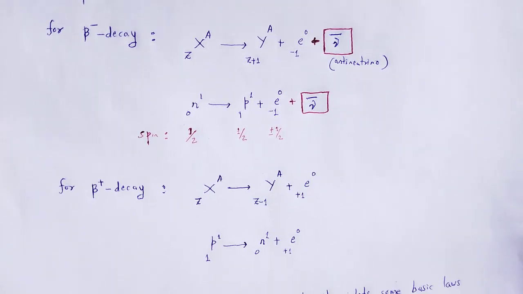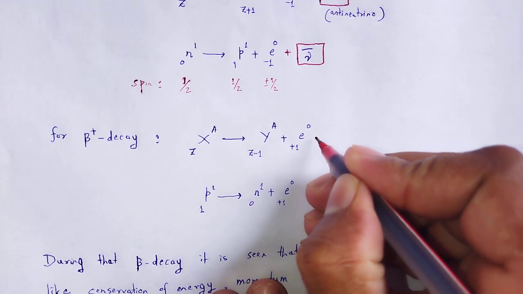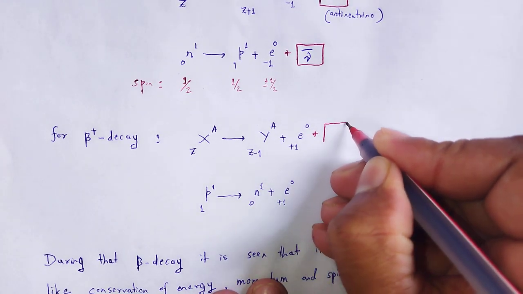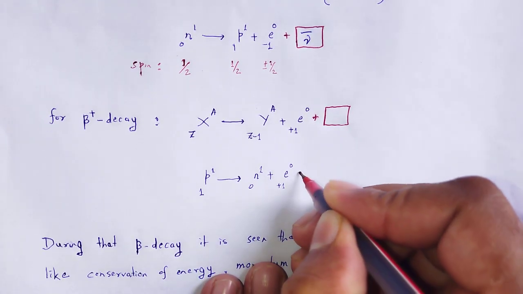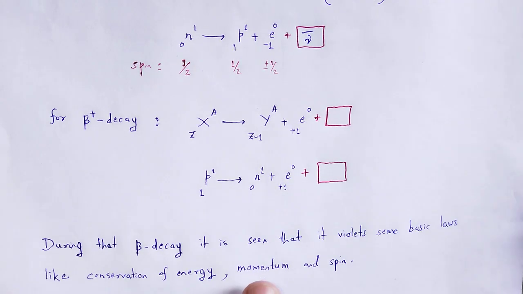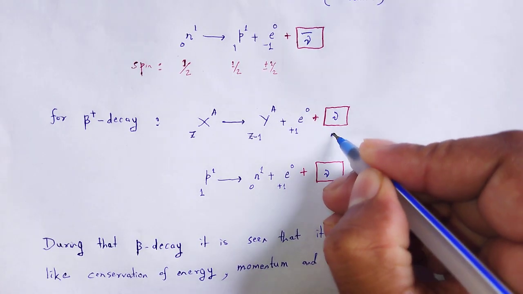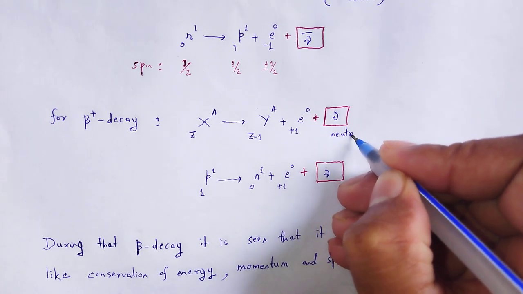Similarly, for beta plus decay, it is the neutrino, denoted by nu.